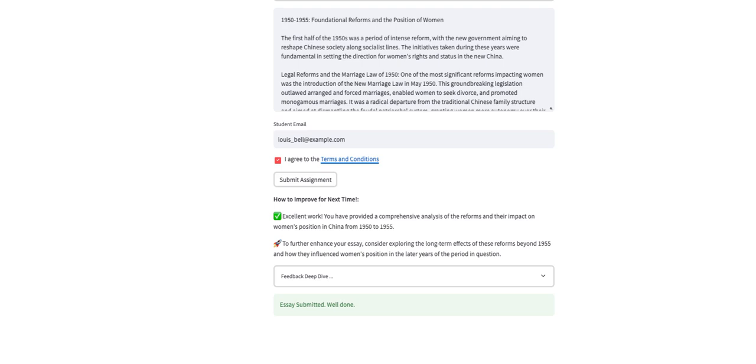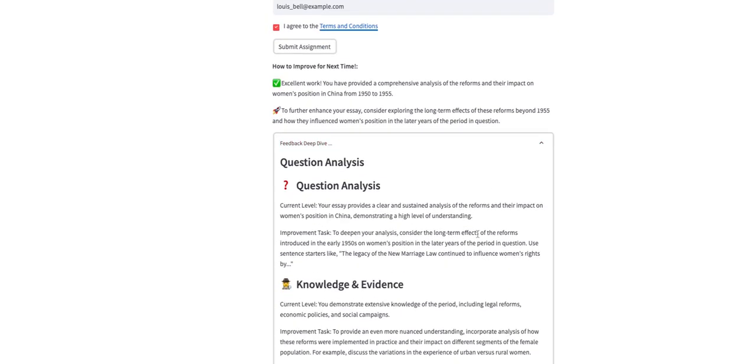So that's what we consider to be specific, actionable feedback. Some students would stop there and they can redo their essay, or they can improve it based on that feedback. But if they want to go further, there's a deep dive where we go through each of the different question assessment objectives and provide more specific feedback.